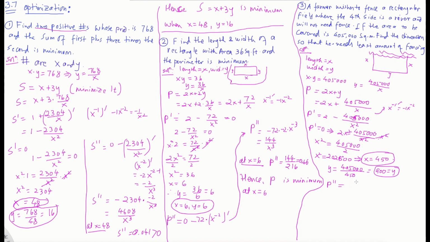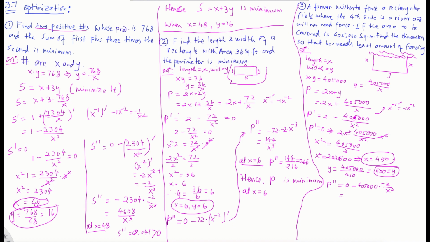So what will be the P double prime then? You find the derivative of this one, so it will be 0 minus 405,000 times the derivative of 1 over x squared. You need to move this to the top, and then do x to the negative 2 prime. That will be negative 2 over x to the third, exactly the same way that we did before.